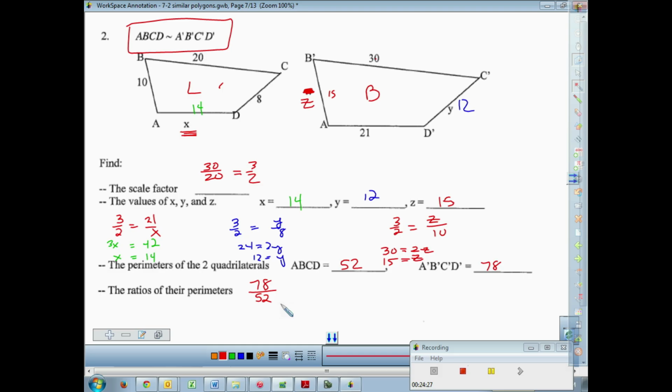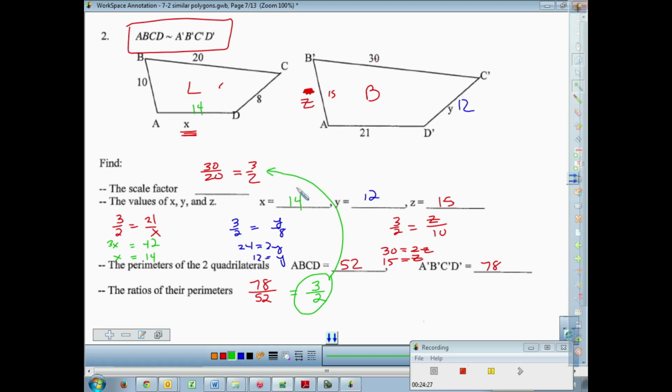Reduce that by a factor of 26. I'll bet you'll be super shocked at what that reduces to. What does it reduce to? 3 over 2. What's so fabulous about 3 over 2? That was our scale factor.